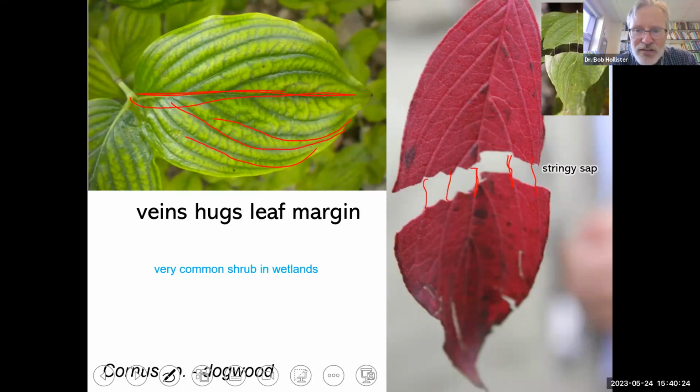There's some other stuff that does the stringy veins, plantains and stuff. But dogwoods do this. And if you break it just right, you can hold it so that it stays connected, holding on by the stringiness. So that's an easy double check.